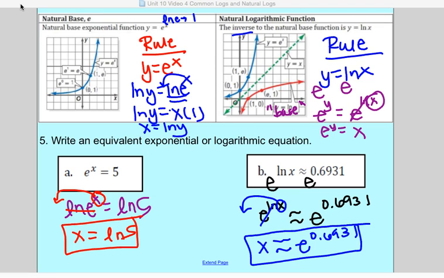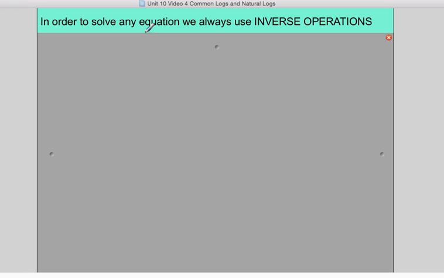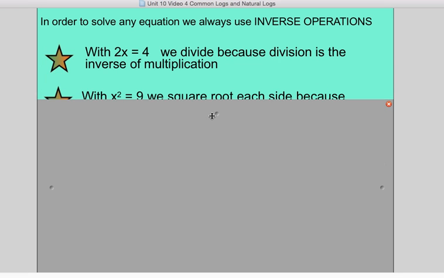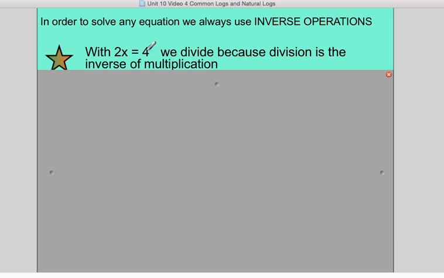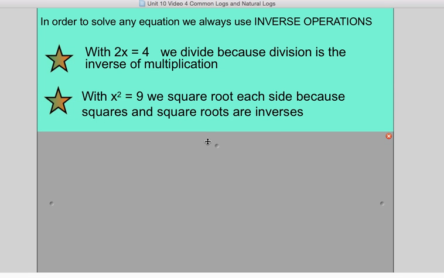Let's go ahead and look at example 6, which is another solving an equation. Okay, so in order to solve an equation, we always use inverse operations. With 2x equals 4, we would divide, because division is the inverse of multiplication, because it's 2 times x, so to undo, we would do division. Here, we have something squared, so we would square root each side, because squares and square roots are inverses.